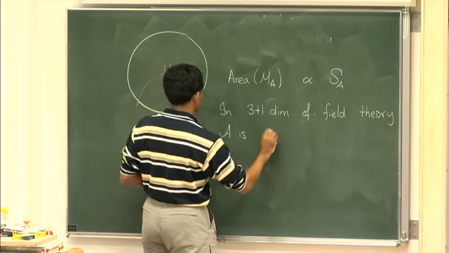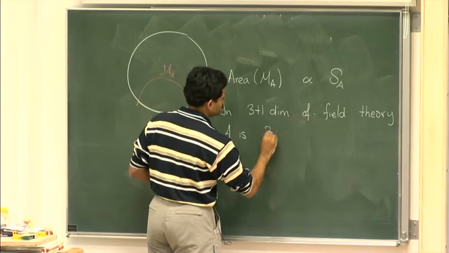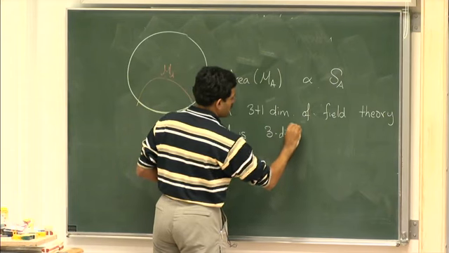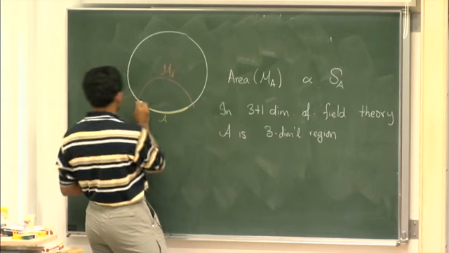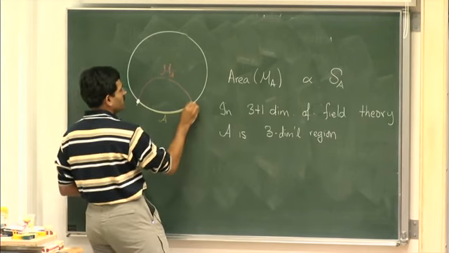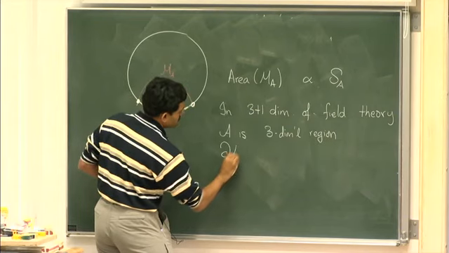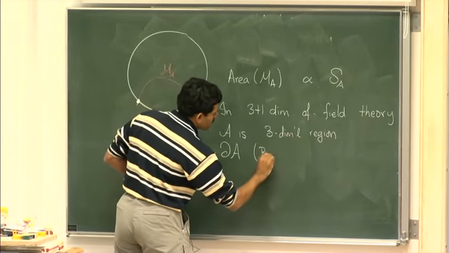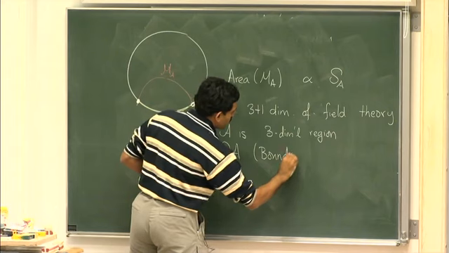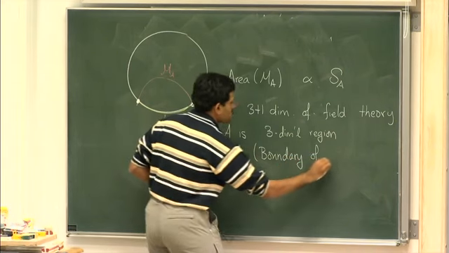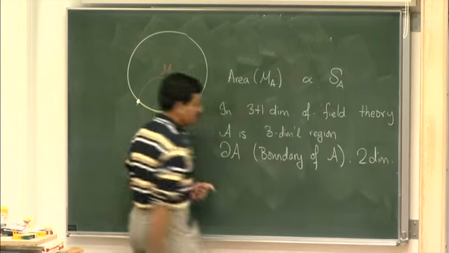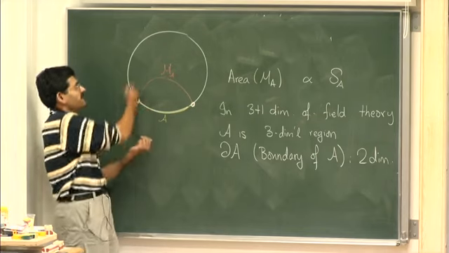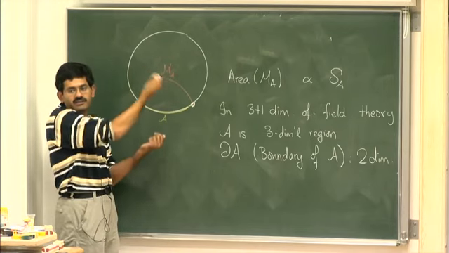A is a 3-dimensional region. It has a boundary, these points, it's 2-dimensional, and this minimal surface is 3-dimensional.